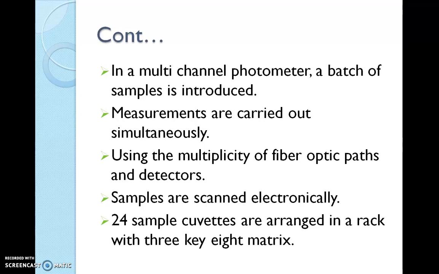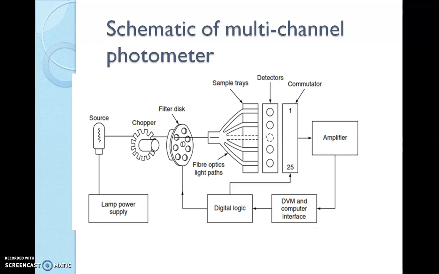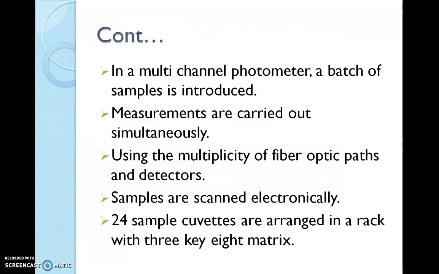The samples are scanned electronically instead of mechanically. In this photometer setup, 24 sample cuvettes are arranged in a rack in a 3 by 8 matrix, as shown here. The 24 cuvettes are used for various concentrations of samples. The 25th channel serves as a reference beam and eliminates possible source and detector drifts. The time required to place the cuvette track into the measuring position corresponds to the amount of time necessary to put one sample into a sample changer.